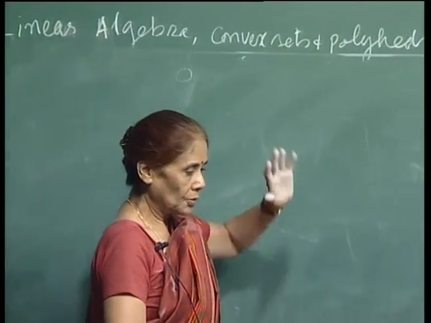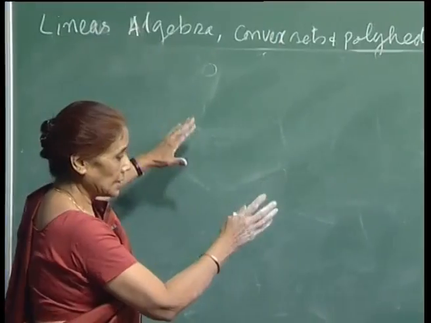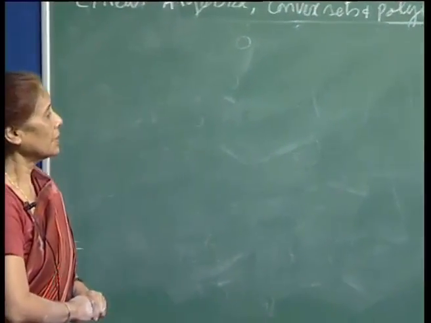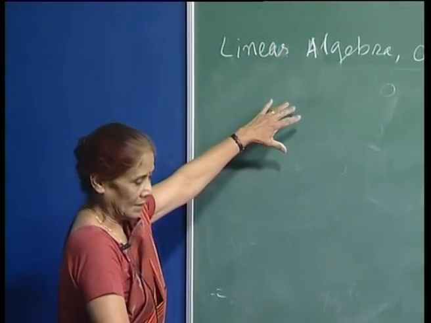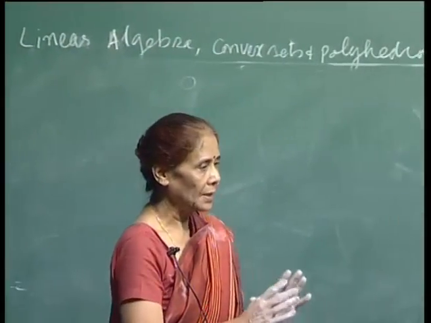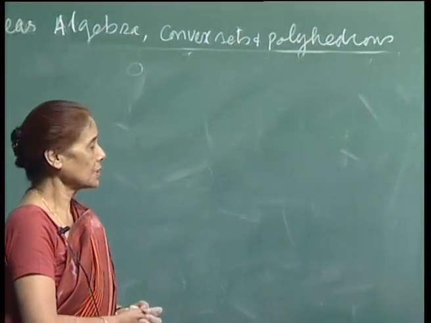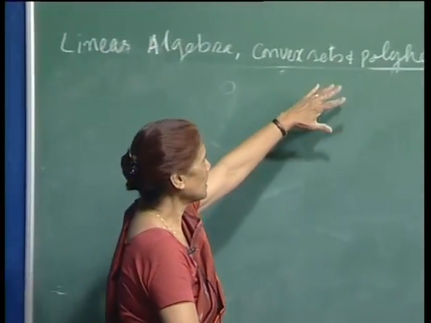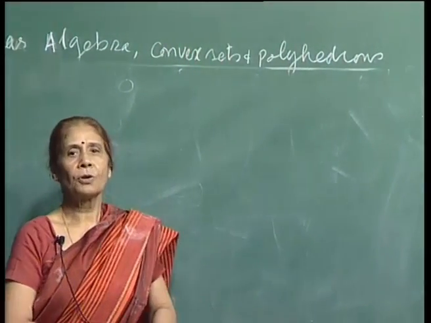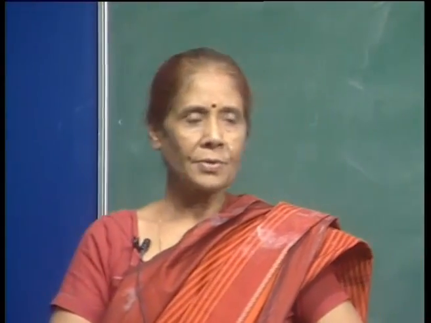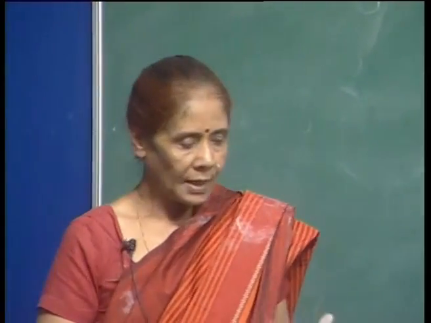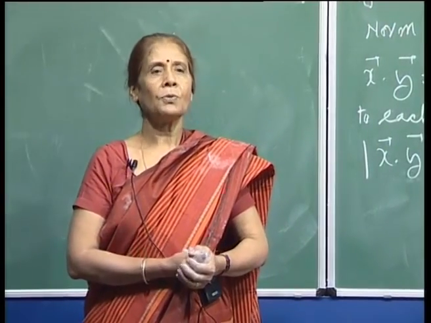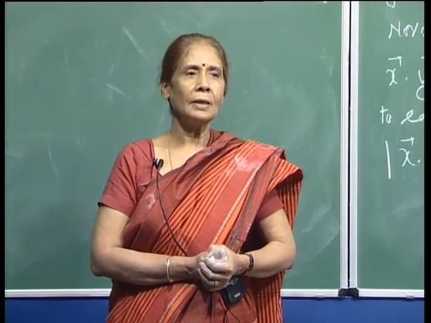I think in this lecture we have almost covered everything that will be needed from linear algebra, and of course, hopefully, if there is something left out, you can supplement it through books, or I can come back to them later on. So, the next lecture I will try to now introduce the concept of convex sets and polyhedrons, which are very essential for giving us a geometrical picture of the simplex algorithm that we want to develop and analyze for solving linear programming problems.